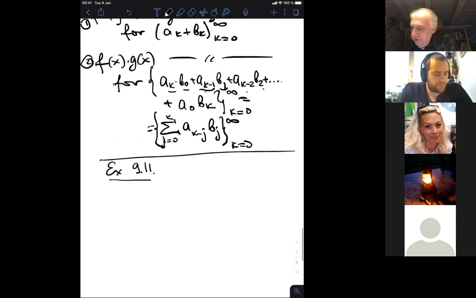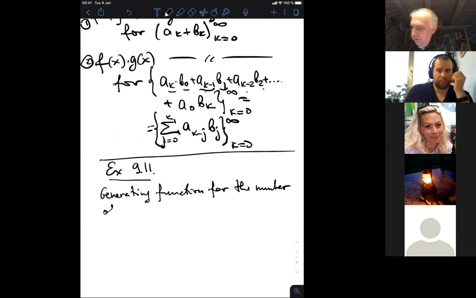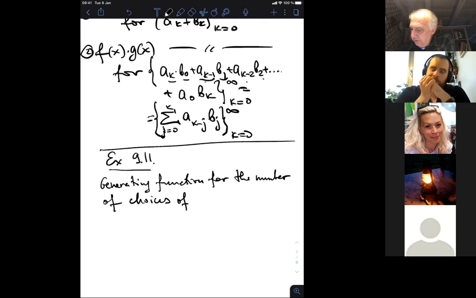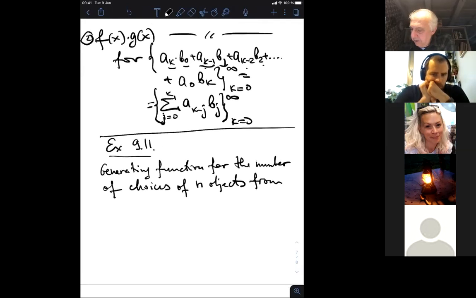So generating function for the number of choices of n objects from k possibilities with repetitions.